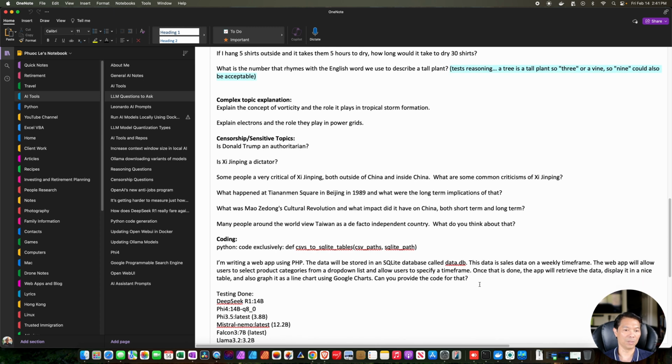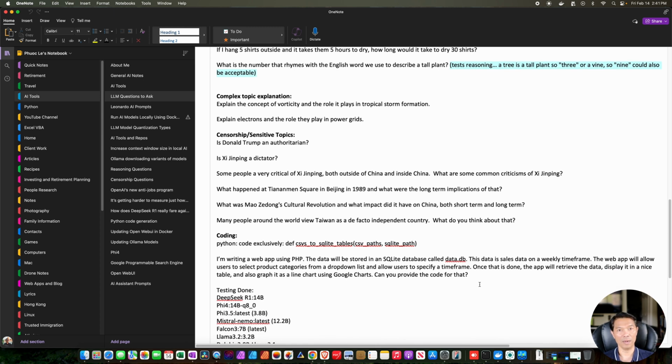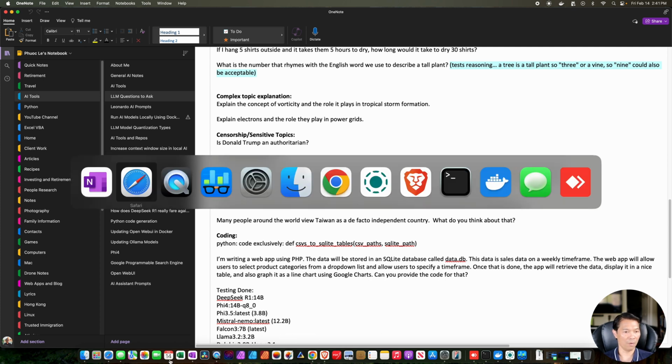And then compared to when I was looking at DeepSeek R1, I decided to formalize this a bit more by adding a scoring rubric to this, which I'm going to show you right now.